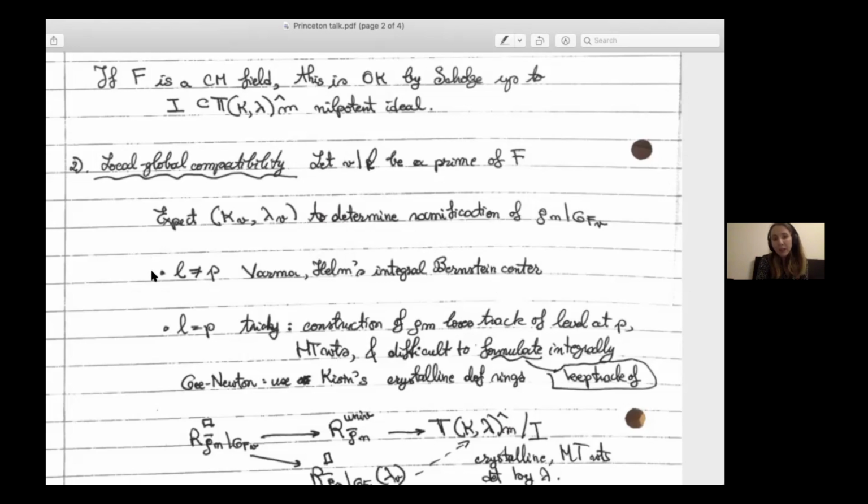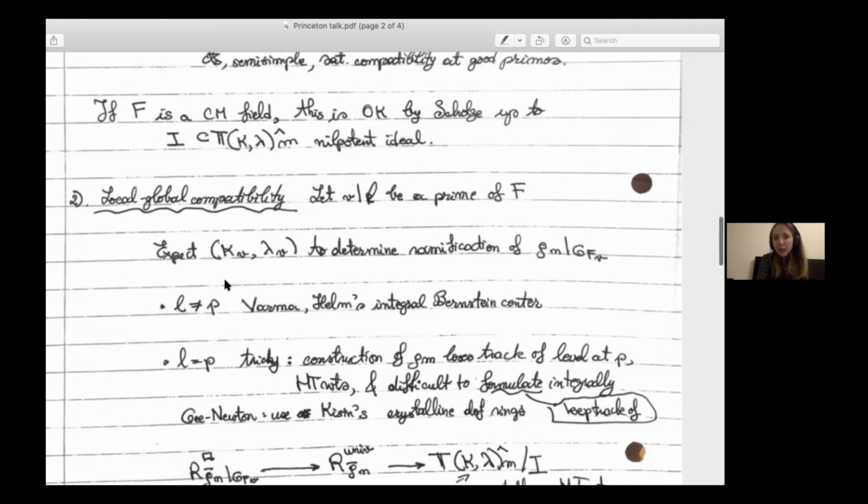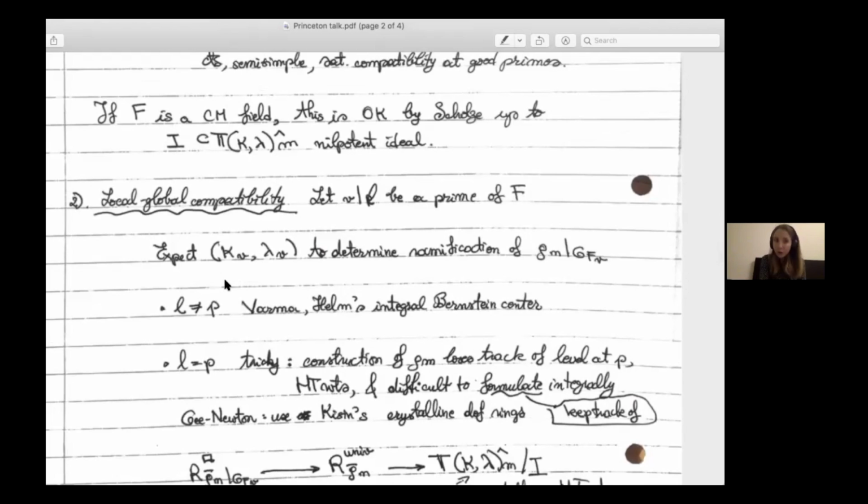And so in all the instances when L is not P, the strategy is essentially to look at Scholze's construction of Galois representations and redo that construction by keeping track of extra Hecke operators at these primes, so at the prime v, where you have ramification.